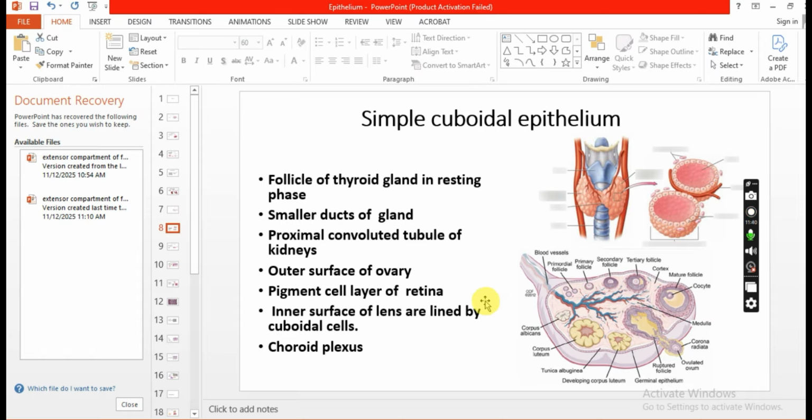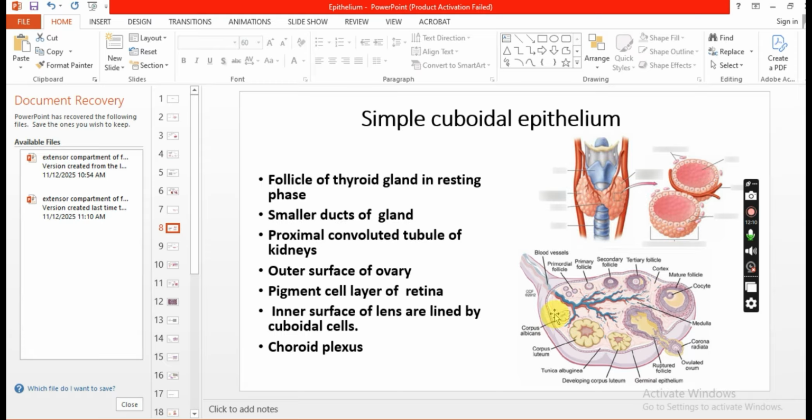Another area where you can see the cuboidal epithelium is the outer surface of the ovary. The outer surface of the ovary is called the germinal epithelium, but it's a misnomer. It has nothing to do with the formation of the germ cells. Deeper to this happens the formation of the ova, but this is a simple covering called the germinal epithelium, made of cuboidal cells.